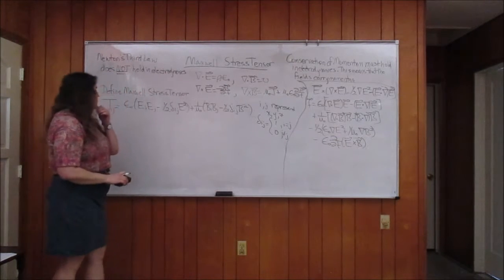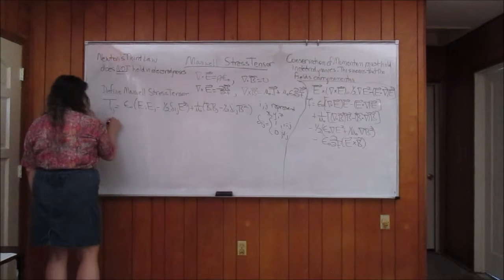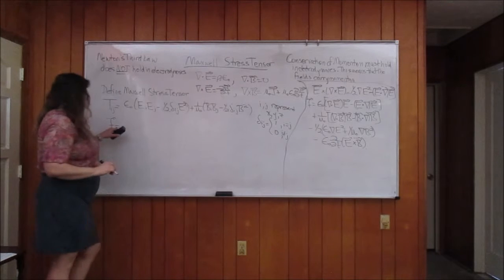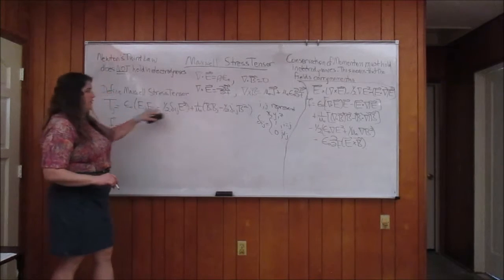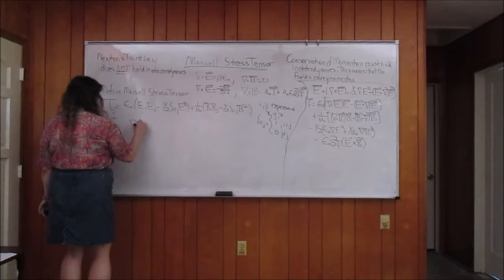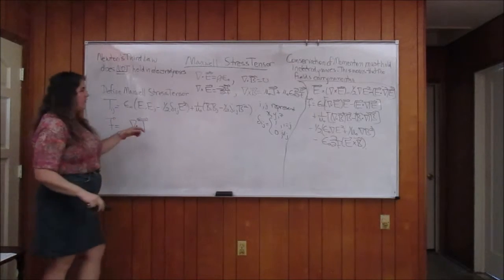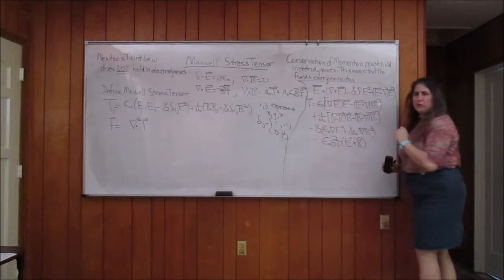Okie dokie. So what I can do is then say, well, if I take the divergence of all this lengthy expression, that is going to give me all of these terms here, okay?